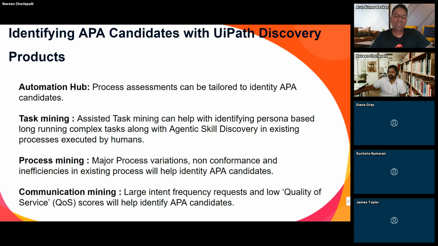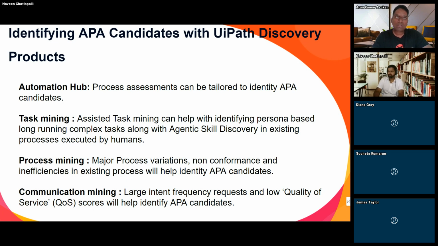Okay, so coming to the topic at hand, these are very initial days for APA, and even with our existing tool set provided by UiPath Discovery, we can do some prep work and identify a few processes and areas which we can automate. That is the whole idea of this session. We don't have the tool sets and everything in place, but most of the solutions are being packaged by UiPath currently.